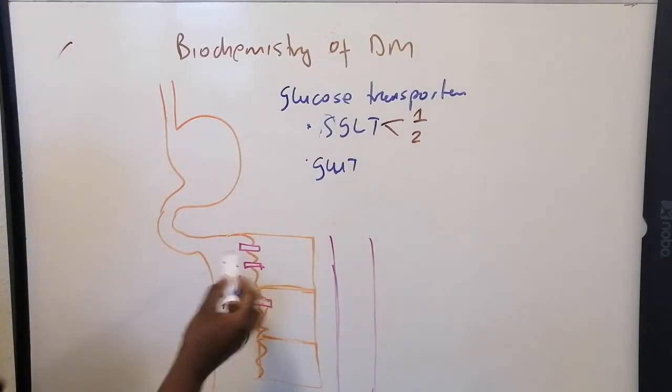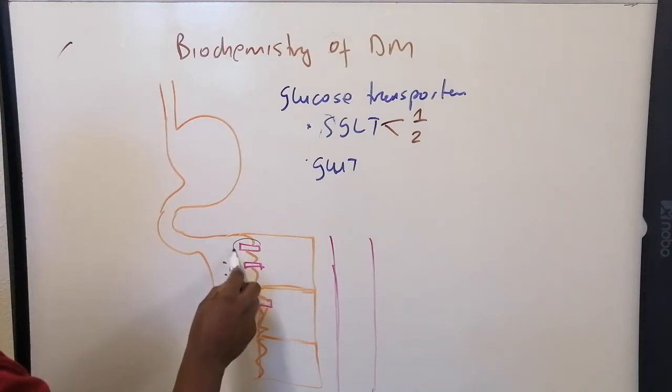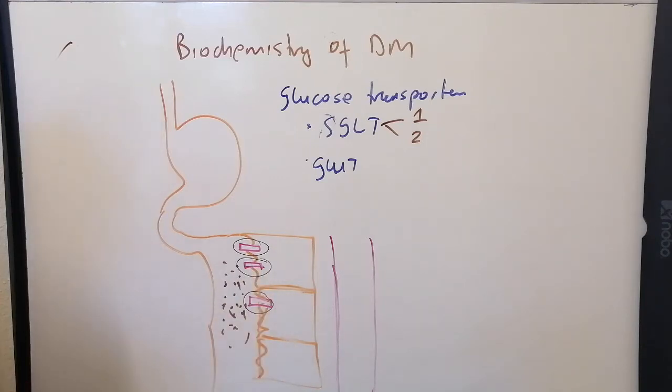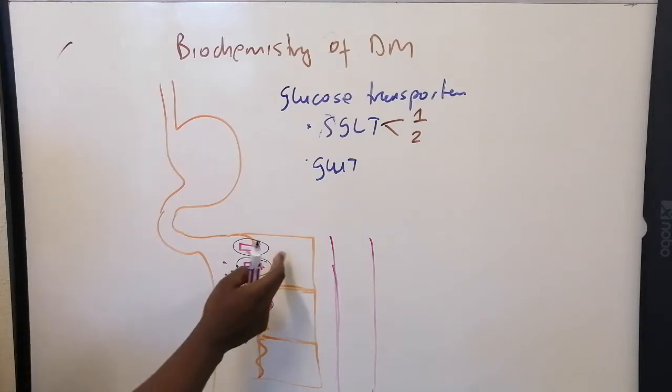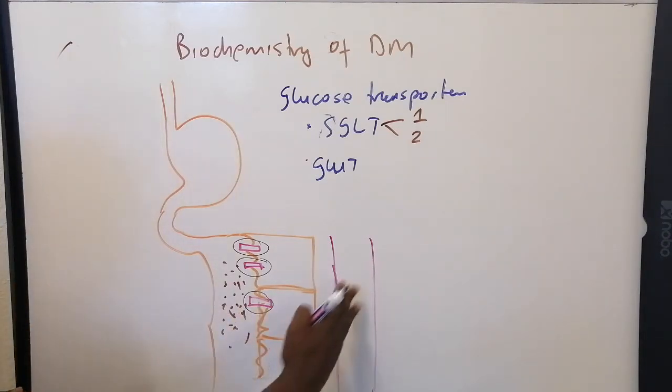SGLT1 is the one responsible for the absorption of glucose from the intestinal lumen into the enterocytes. It's this one. There are many of them on the apical membrane, so they absorb glucose into the enterocytes. But we don't want glucose to be in the enterocytes. We want glucose to be in the blood.